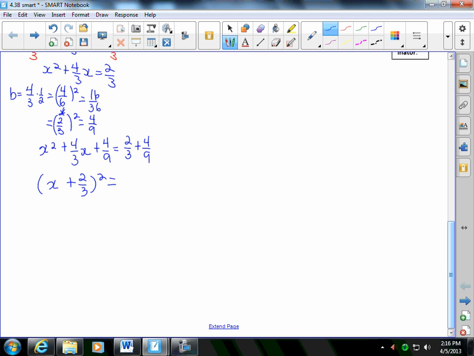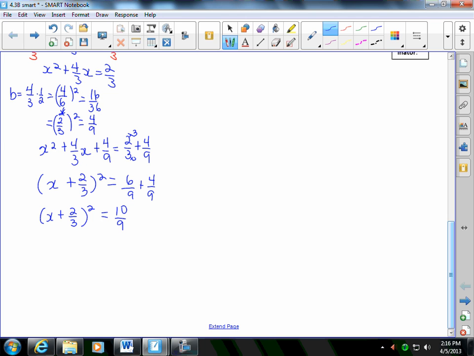So my common denominator would be a 9, so I multiply top and bottom by 3 to get 6 over 9 plus 4 over 9. So x plus 2/3 all squared is equal to 10 over 9.